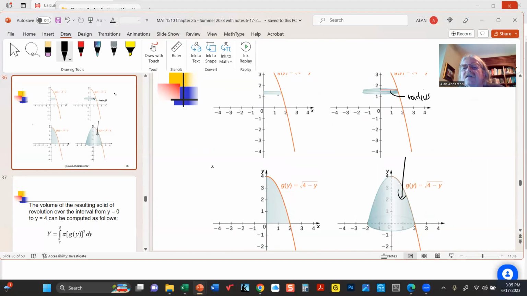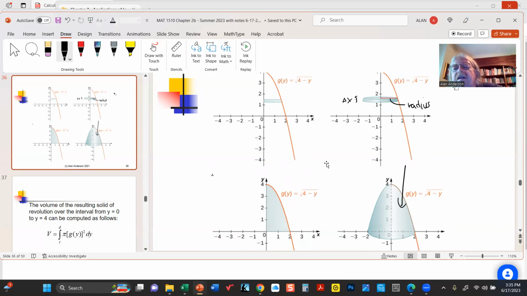And then here's delta x. We're going to rotate the entire shaded region here, because the interval of interest is 0 to 4. So when you rotate it around, you'll end up with this. It's very cone-like, I guess, except that the top isn't pointy.